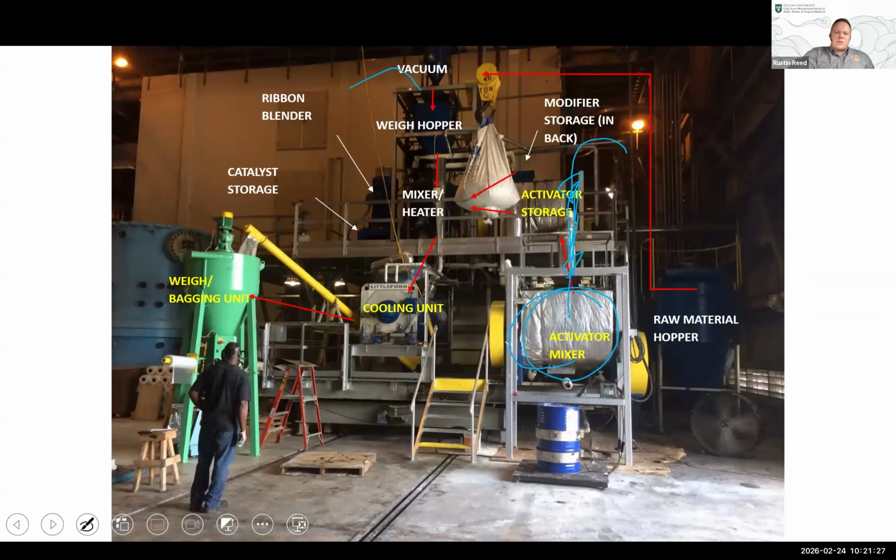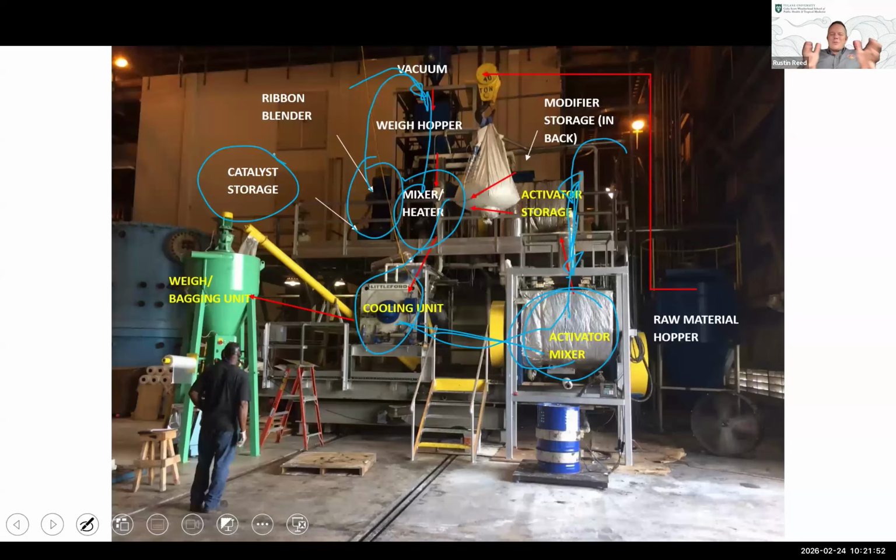There was also a powder that they would add here. They would blend up rubber pieces and then mix it with a powder here. It would come down into this heater, and then it would get cooled. This activator would be mixed with it, and then there's also a catalyst added in there.